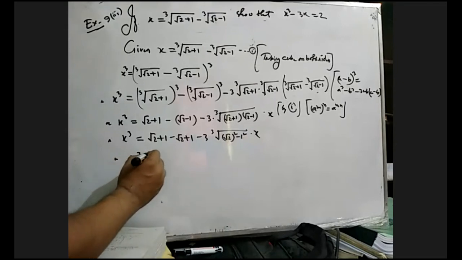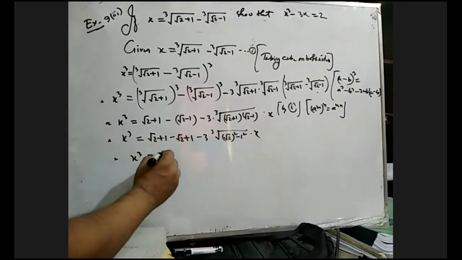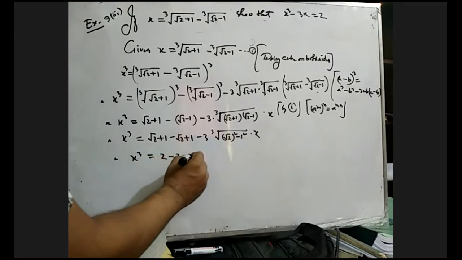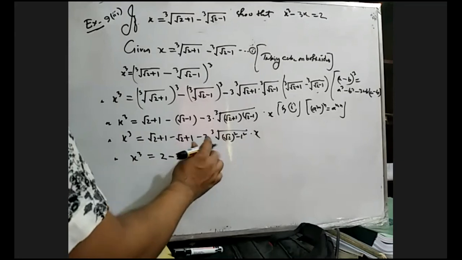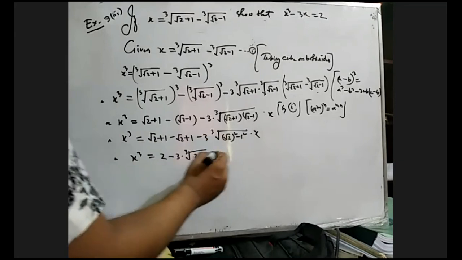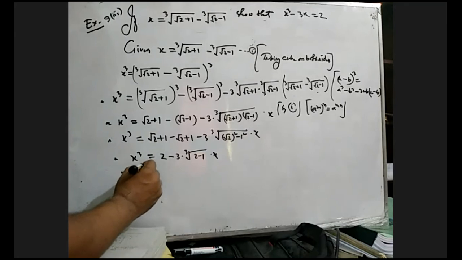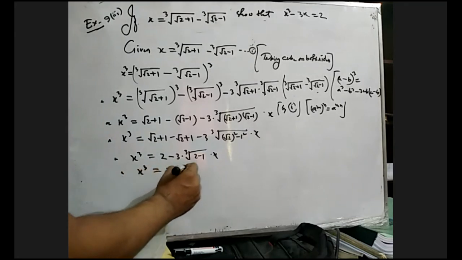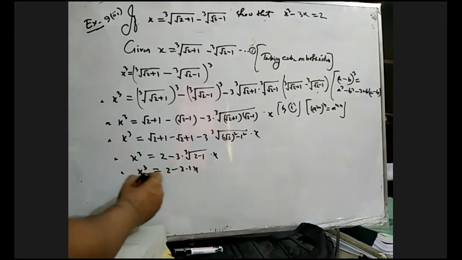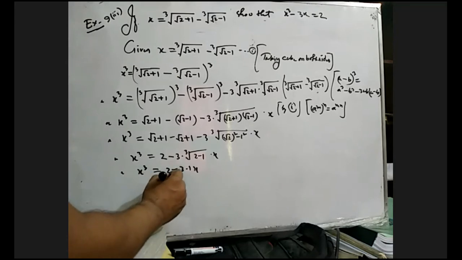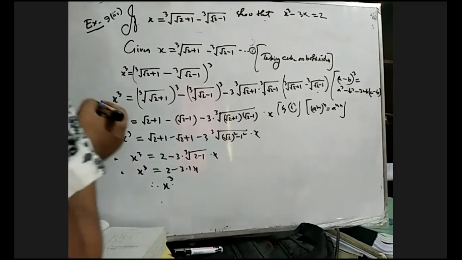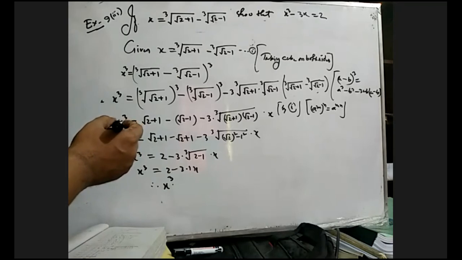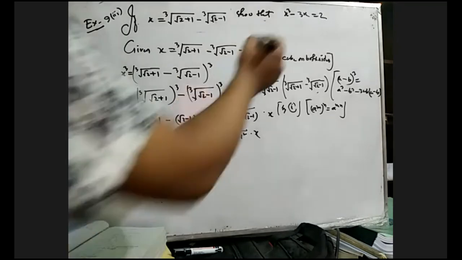So the root 2 will be cancelled, so 3 into 2 minus 1 into x, minus 3 into 1 x. Therefore x cube plus thrice x equals 2.